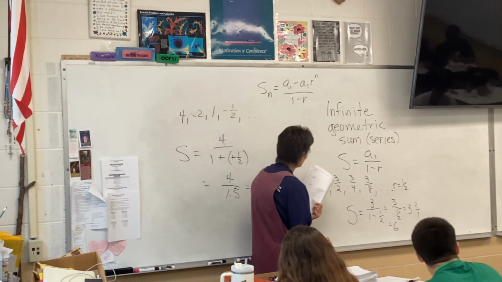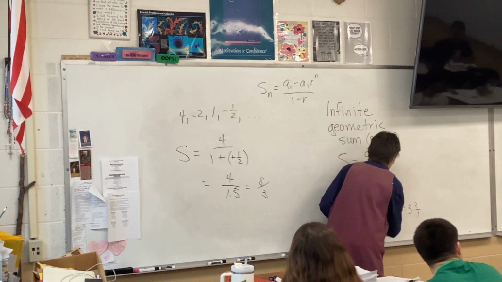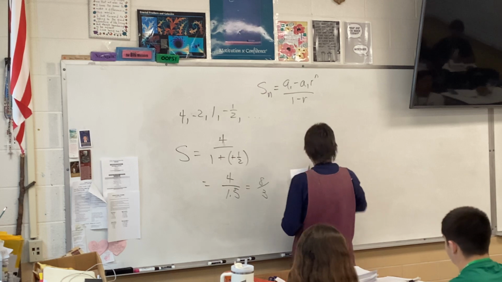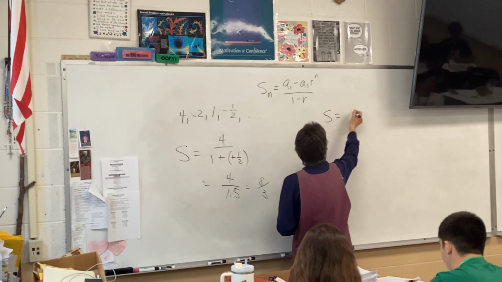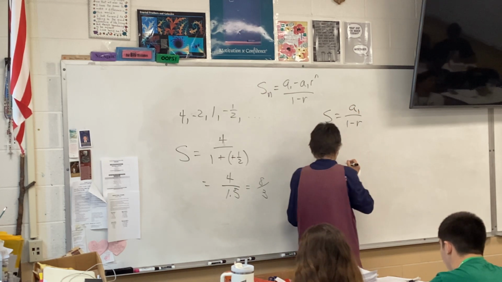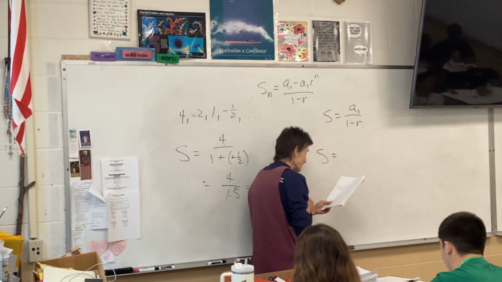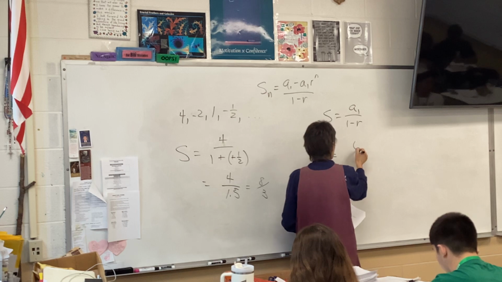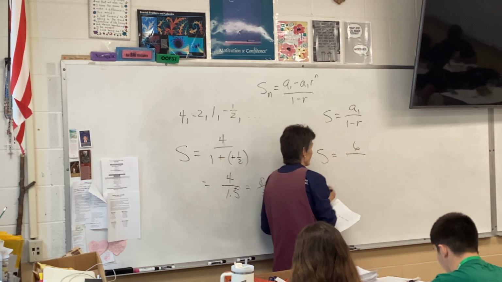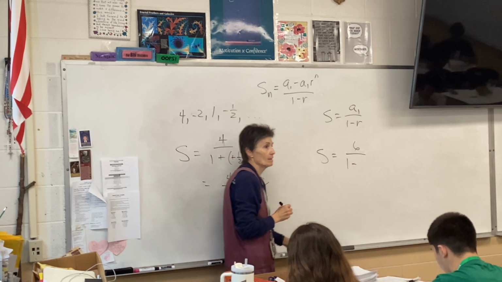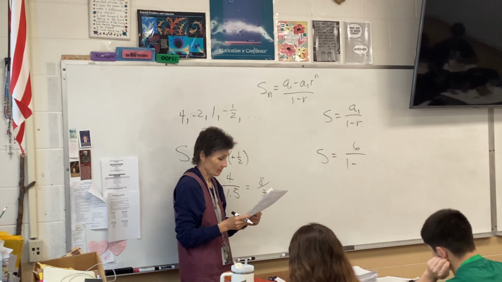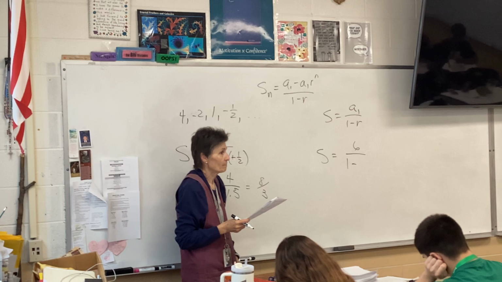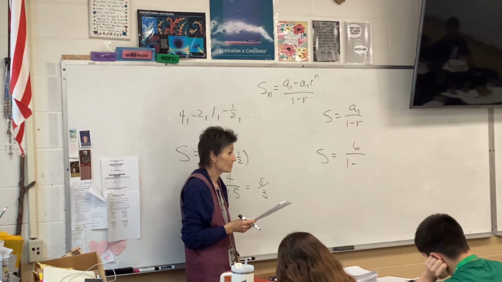Okay. One more on this page. Here's our formula. I'm adding up C. So 6 over 1 minus the ratio. You have to figure it out. What are you multiplying by? 2/3.